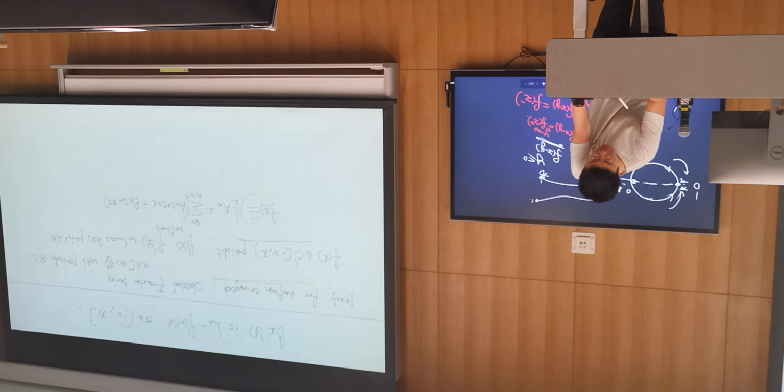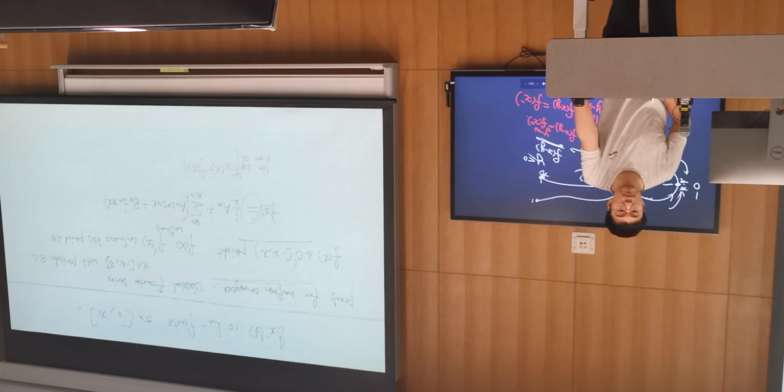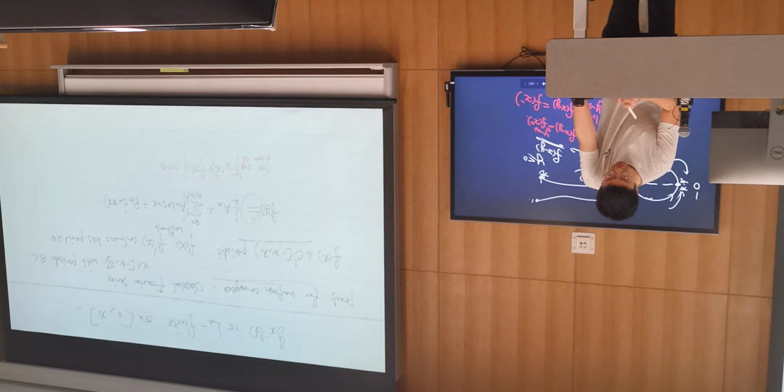The uniform convergence means that the limit, as n goes to infinity, of f_n(x) minus f(x), not only this itself, but also the supremum over any x of this goes to 0.